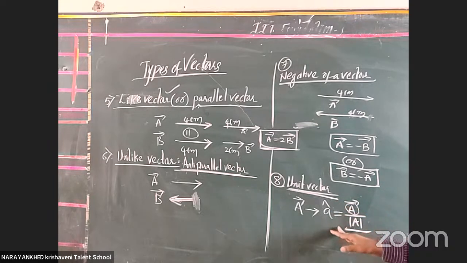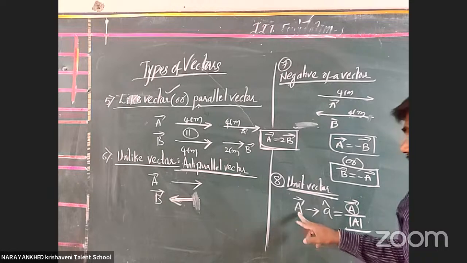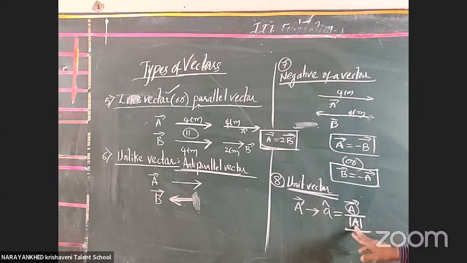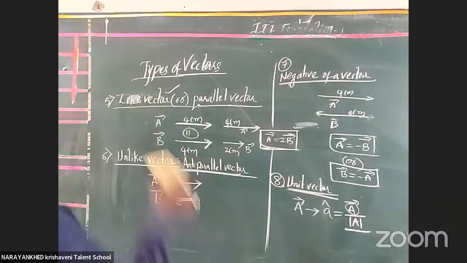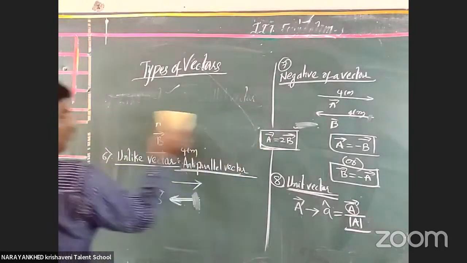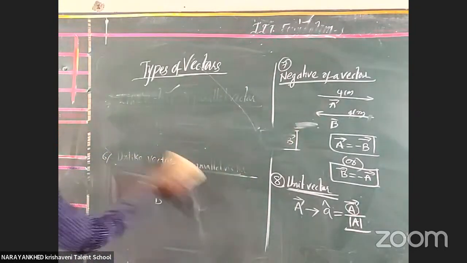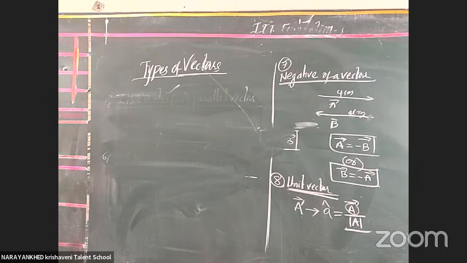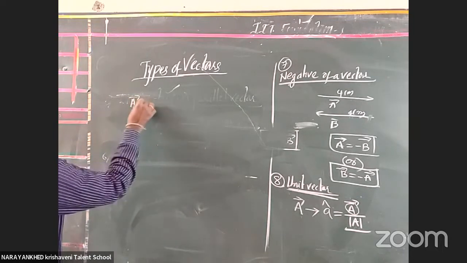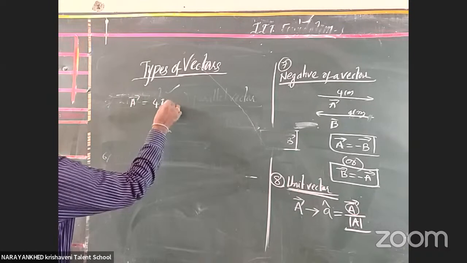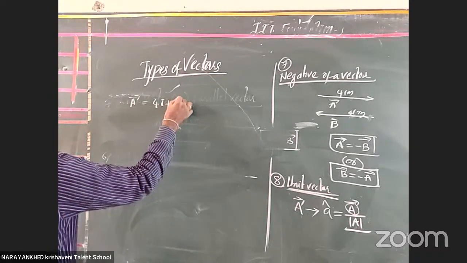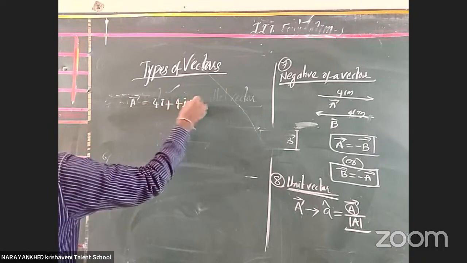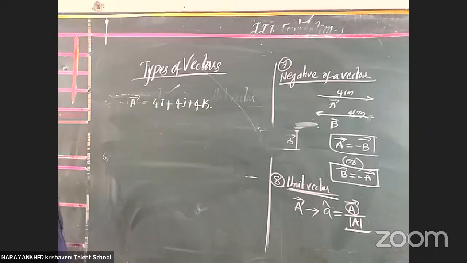Now the unit vector. A bar is one of the vectors, and this vector is divided by its magnitude. Suppose I take a vector like this: A bar is equal to 4i plus 4j plus 4k.